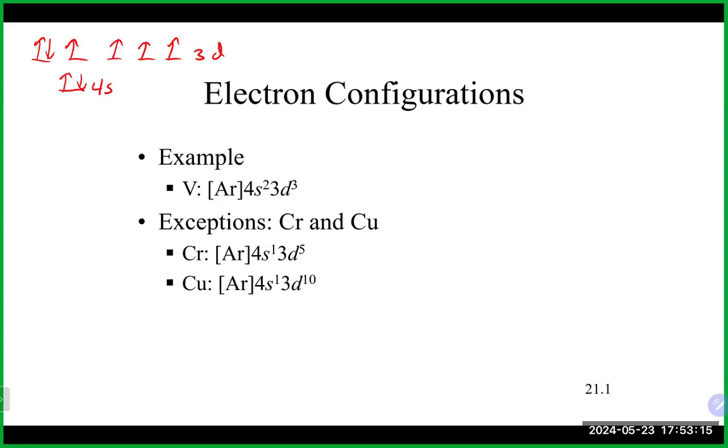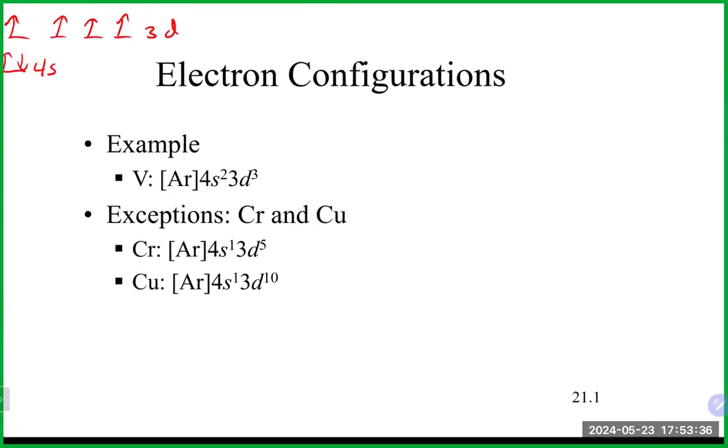That is obeying Hund's rule, maximum amount of parallel spin first, and then coming back and pairing up. So if we look at something like chromium and copper, these are two exceptions to the electron configuration.